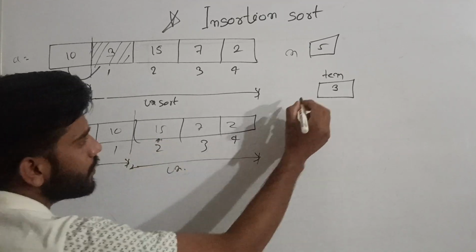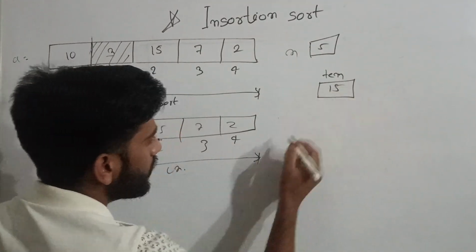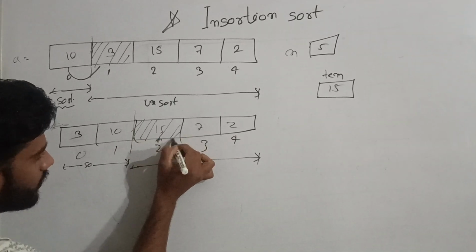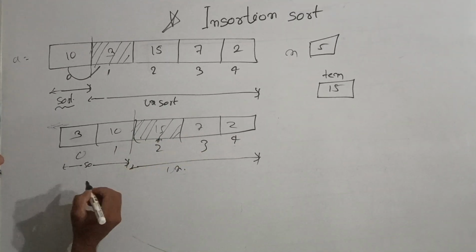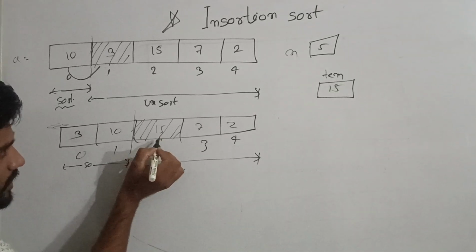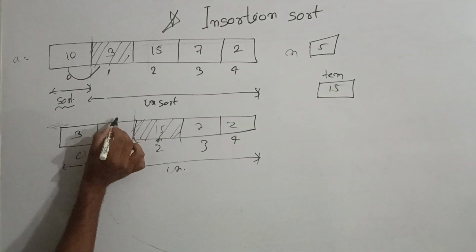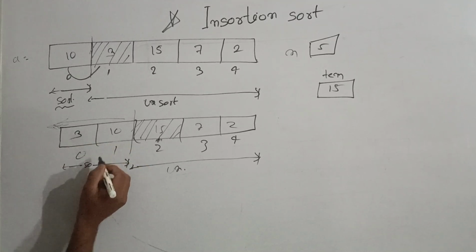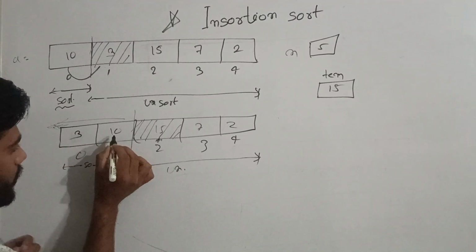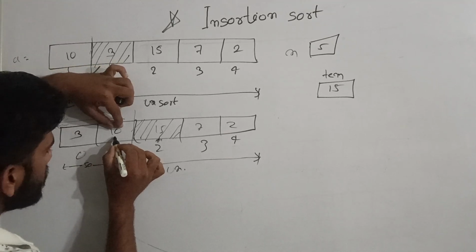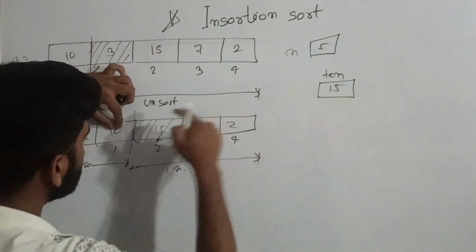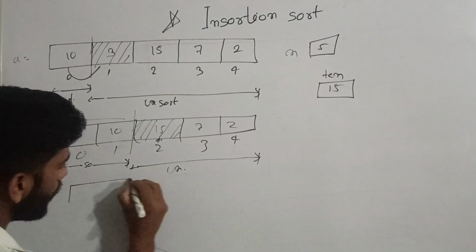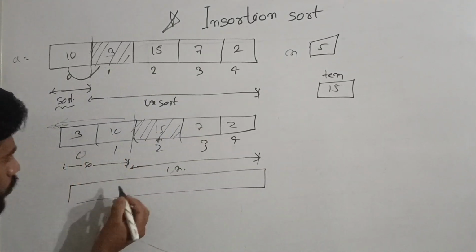Here 15 will be copied into temp, and its place will be considered a hole. Now compare with the sorted data. 10 is less than 15, so no need to shift.